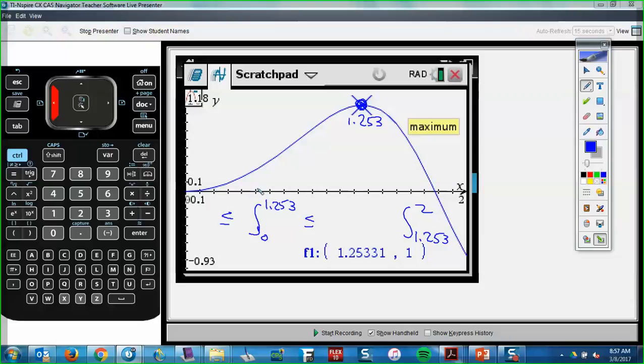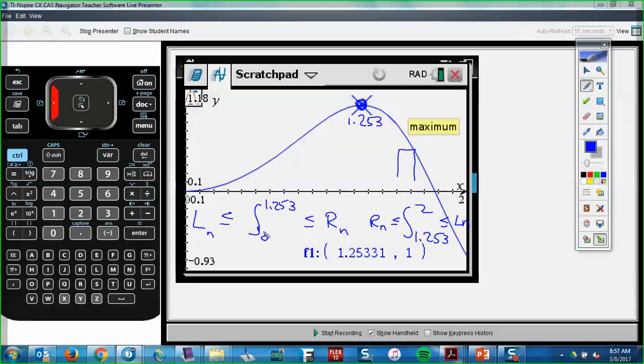Let's just talk about lefts and rights right now. Lefts. It just said explain how you could use it. So some number of lefts would be under and rights would be over. Now what about this integral? The opposite. Rights would be under over here, and lefts would be over.